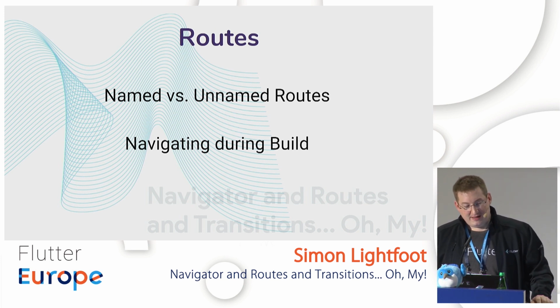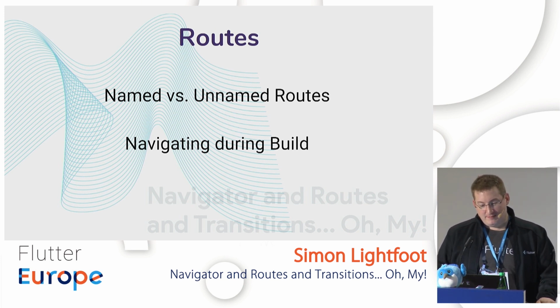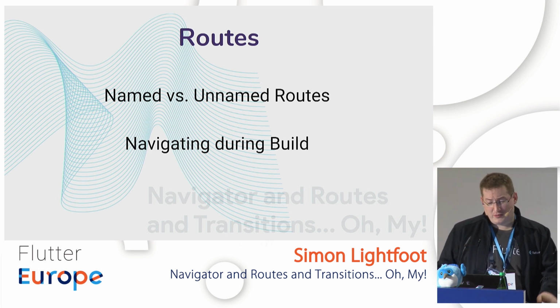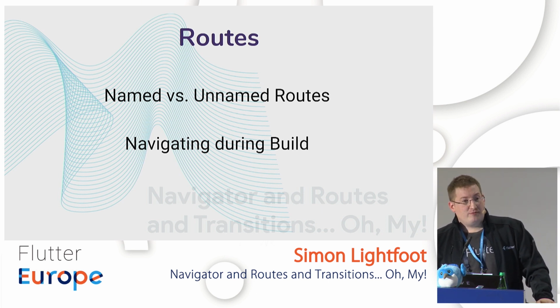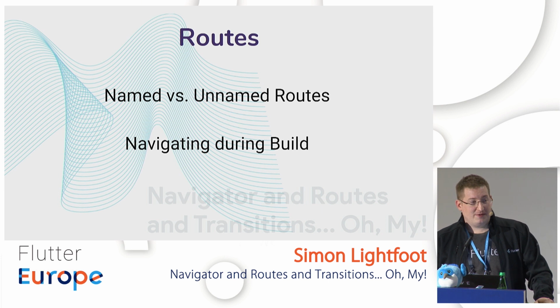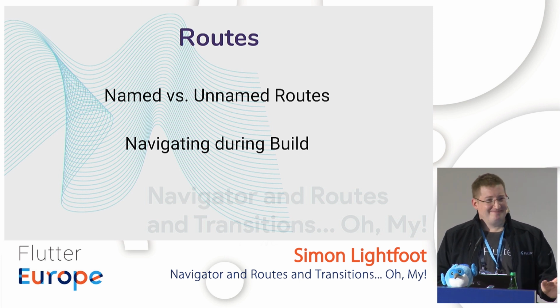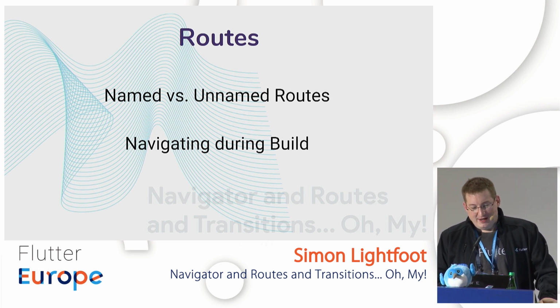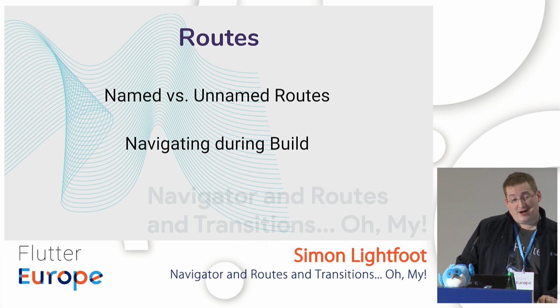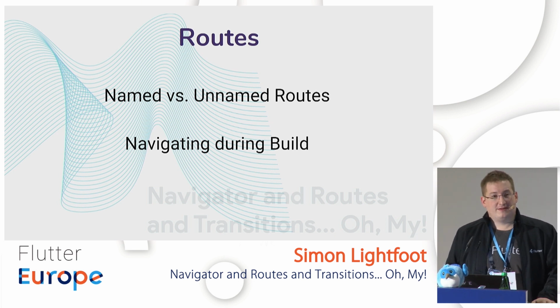So a little bit about named versus unnamed routes, and we're just talking about those parameters. If you're using named routes, you've got two options for parameters. That is either to serialize them and add them as query string parameters, which is not so great, or the only other option is to use the arguments property of route settings.